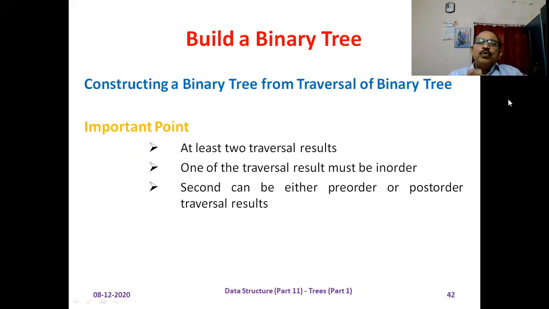One of the traversal sequences must be in-order, and the second traversal sequence can be either a pre-order or a post-order. We can construct a binary tree from given traversal sequences if we know two traversal sequences. Is it clear?